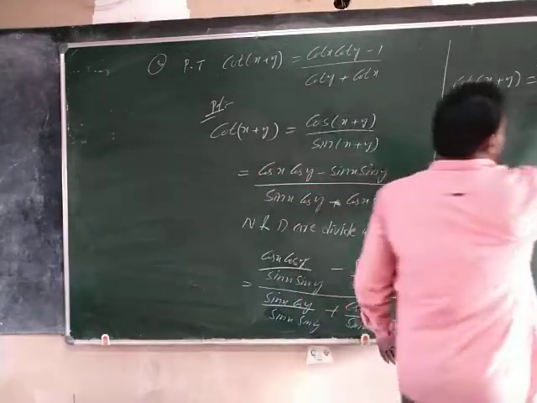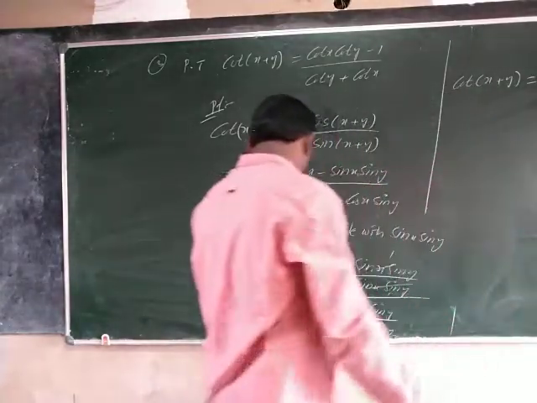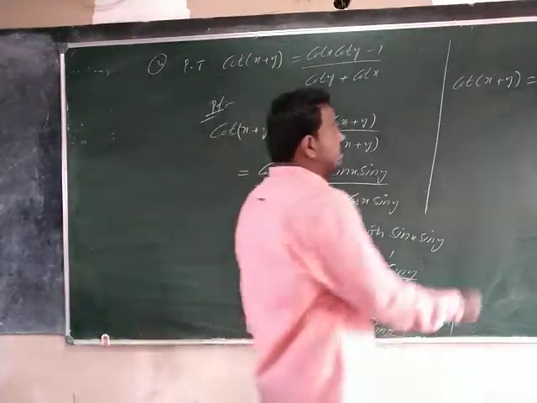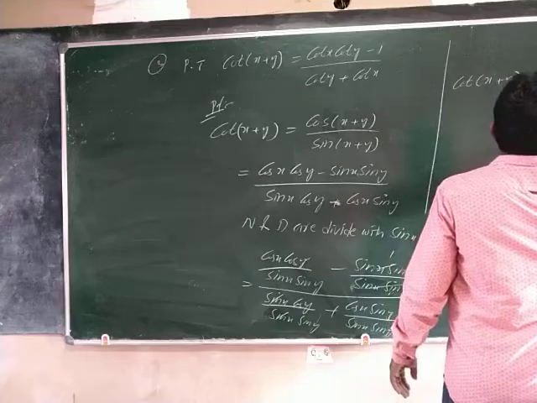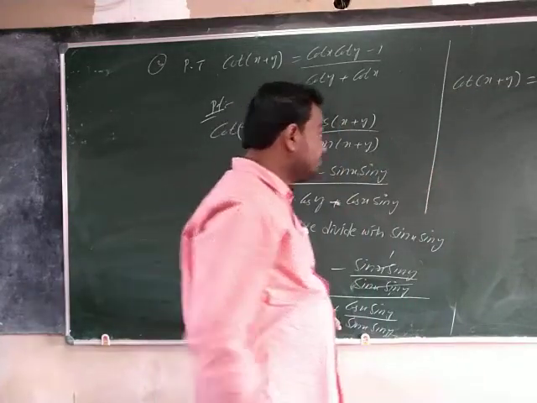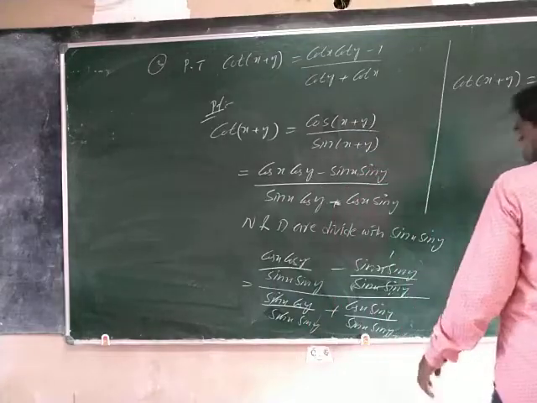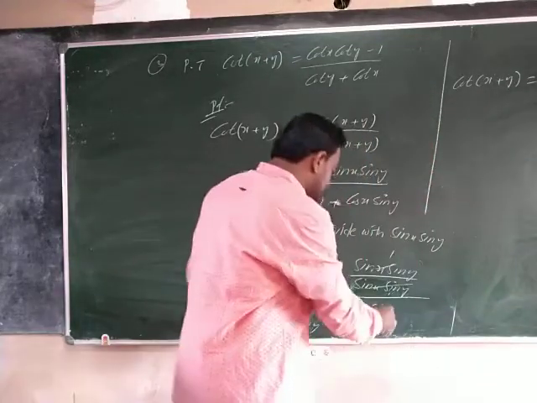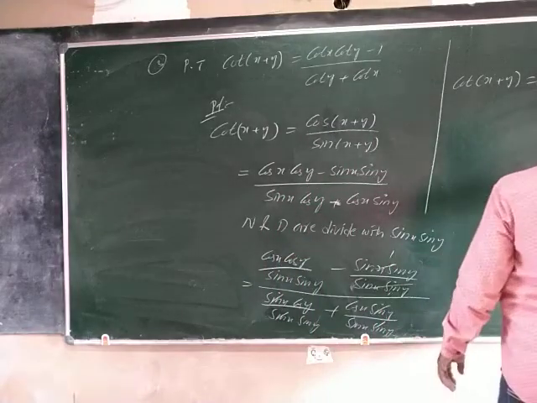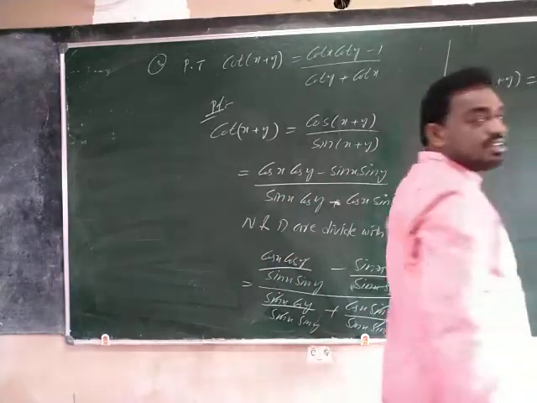Here sin x gets cancelled, cos y by sin y is cot y. Next, here sin y gets cancelled, remaining cos x by sin x is cot x. This is our proof.